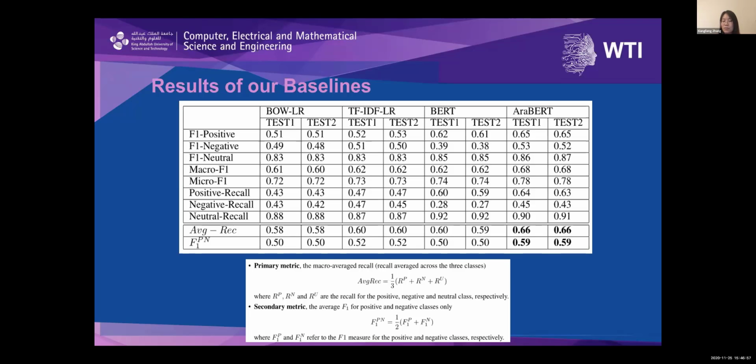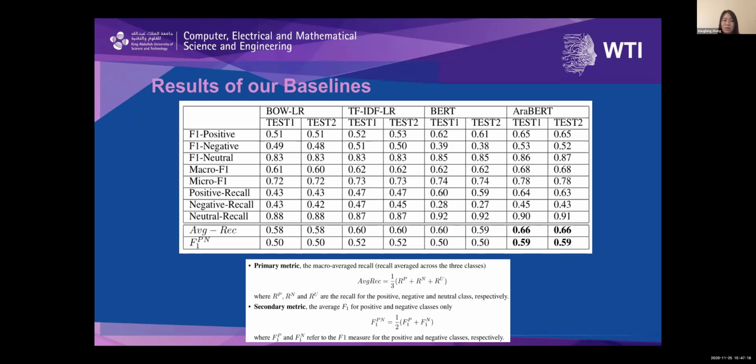So we were pretending that we are participating in the competition, and we evaluated our results on test 1 and test 2. As you can see, test 1 and test 2 always had the same prediction value evaluated in different metrics.